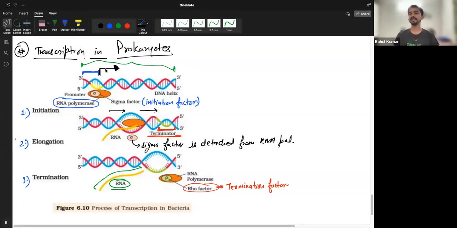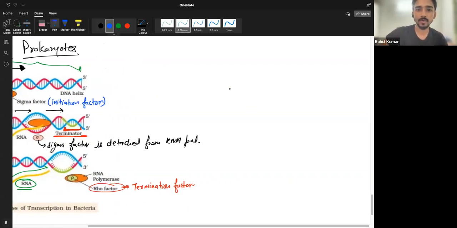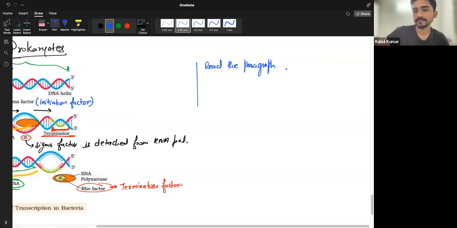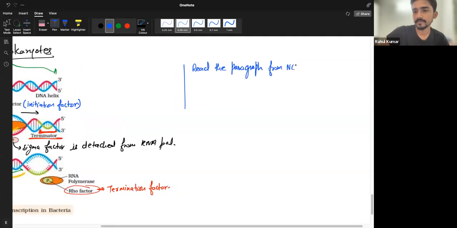Transcription is done. In eukaryotes, it has two complexities in the process. So this was simple transcription in prokaryotes. And for this, I'm giving you homework to read this paragraph from NCERT and make notes.